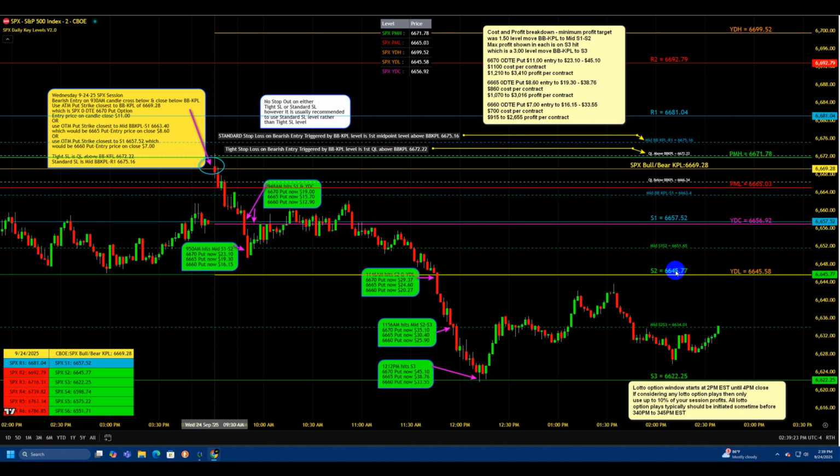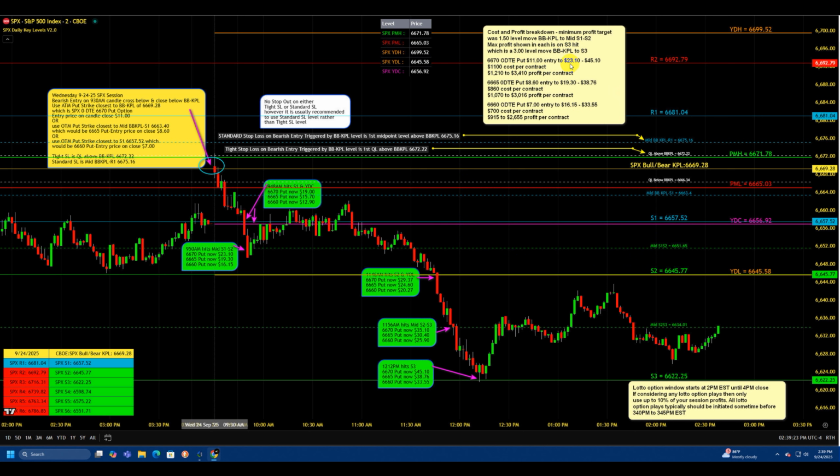Okay, so here's the cost and profit breakdown. The minimum profit target was a 1.5 level move from the BBKPL entry to the mid S1, S2 level. So remember, that is 1.5 levels moved down. That's the half, that's the full, that's the 1.5, mid S1, S2.